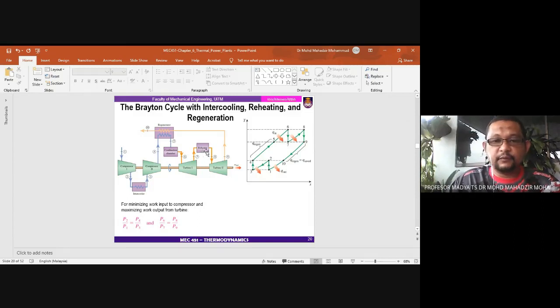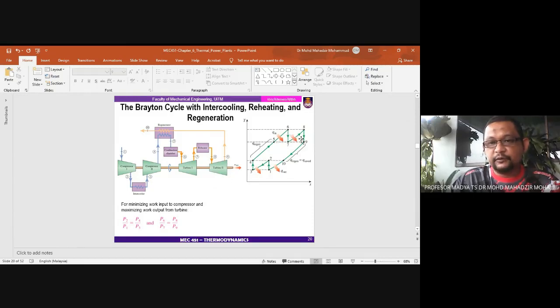In this reheating process, the product is heated up to a certain temperature at the same pressure, and then more work is produced from the heated gases that come from the reheater to turbine number 2.